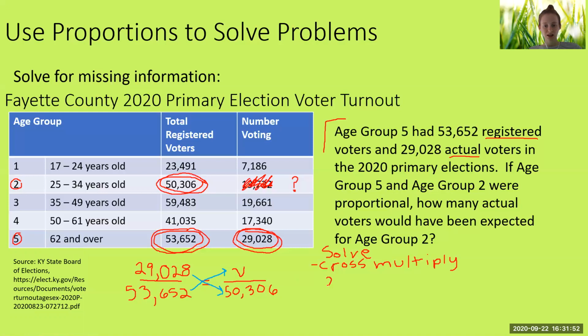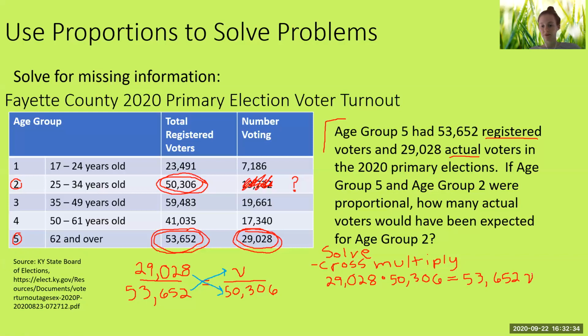So we're saying that 29,028 times 50,306 is going to be equal to 53,652 times V.